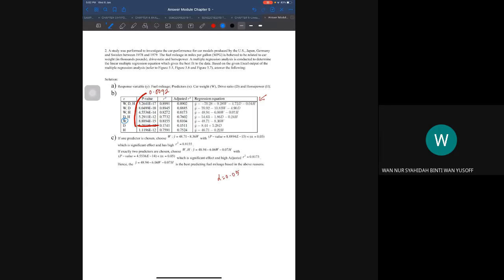Then we try to discard the worst model or the insignificant model. Between D and H, both have significant p-value, but which one has the lowest R square? D. So D is the worst model.